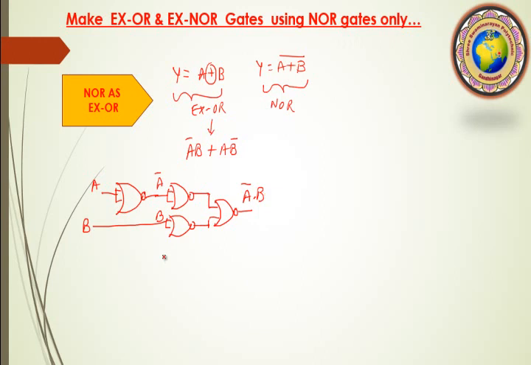Now in the same way we require a dot b bar. So I take this a once again here, a simple one, and b. So I take here a b and then convert it using NOR as a NOT. So this is our b bar. Now these two both use the dot product or AND form.